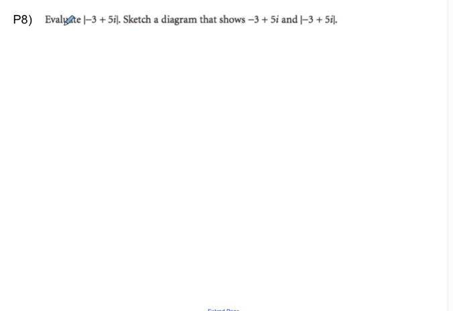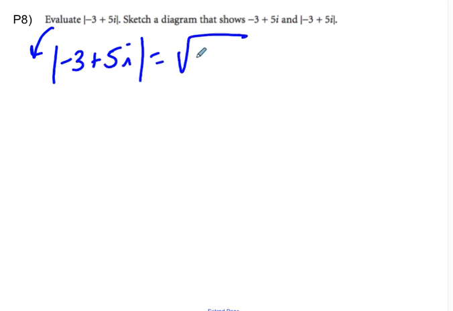All right, so you're going to evaluate the absolute value of negative 3 plus 5i, and then you just sketch a diagram. So we can go ahead and do this first if you want. The absolute value of this is going to be the square root of a squared plus b squared, right? Which should be the square root of 34, right?